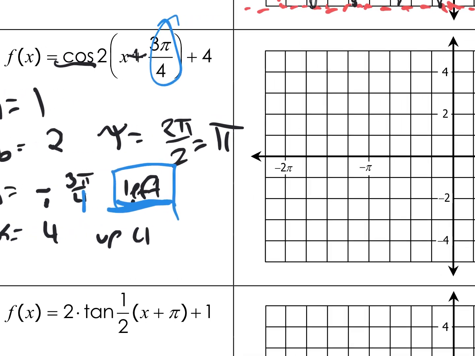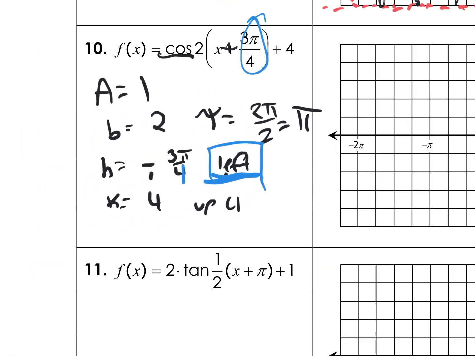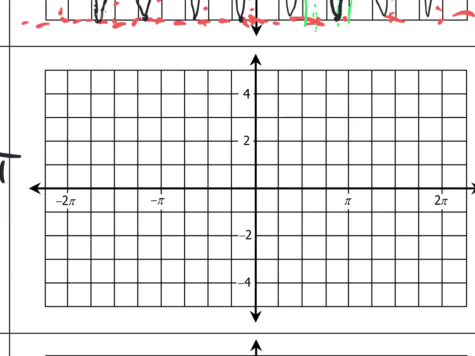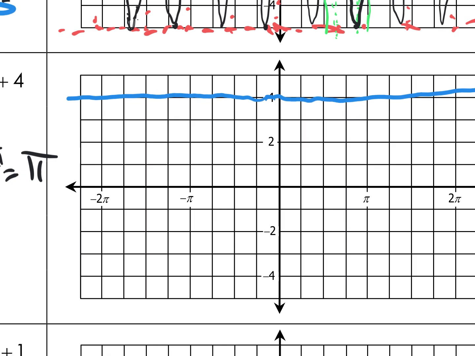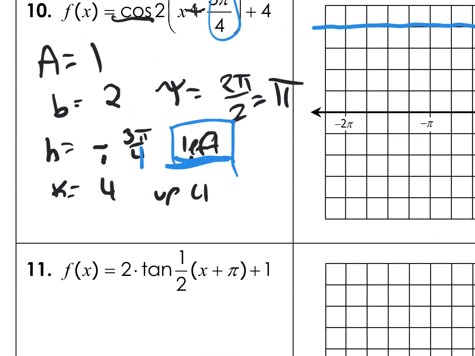Okay, so find my K. My K was a 4. So I go up to 4. There's my new midline. Where does it start? It starts left, negative 3 pi over 4.